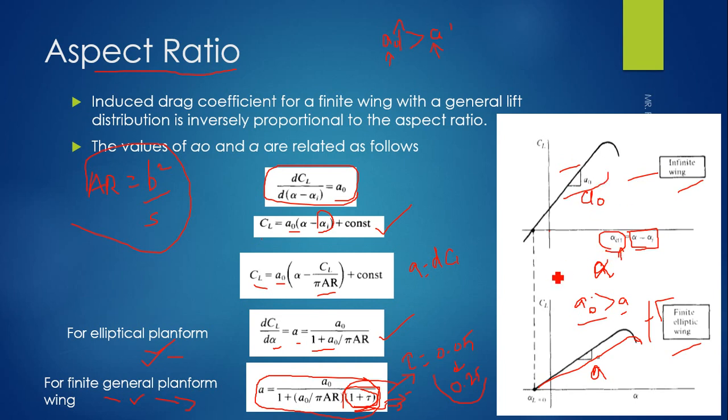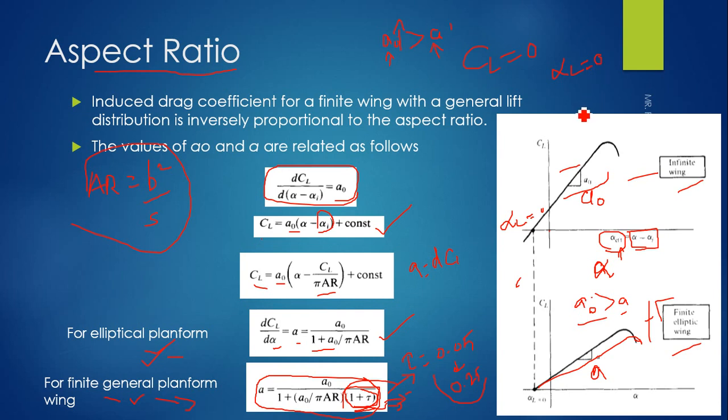And no matter what, if there is no lift, that is if CL is 0, then the zero lift angle of attack, alpha L, will be the same for both the infinite wing and the finite wing. This is the condition you need to note.